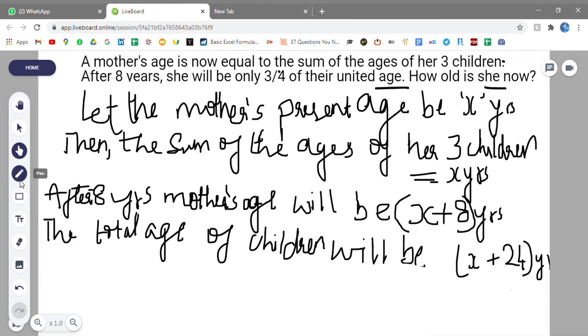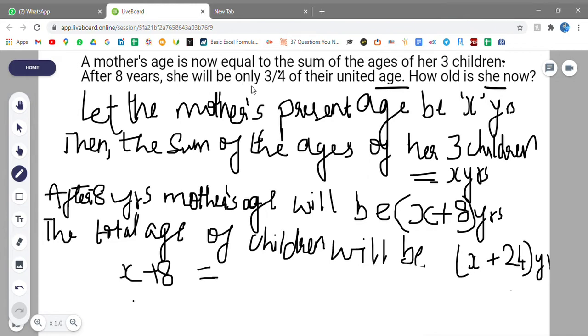Okay, so going further, the second part of the question says, after 8 years, she will be only 3/4 of their united age. So after 8 years, what is the mother's age that we have derived here? We have derived x plus 8 years. Correct? After 8 years, this is the age of the mother. Is equal to, now what is the question saying?